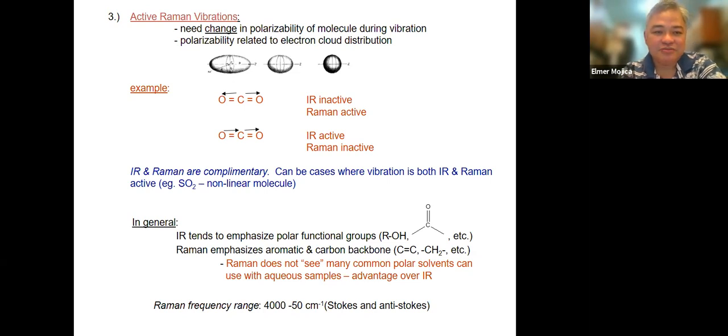And there's a lot of advantages in using Raman spectrometer and IR spectrometer, especially right now, if you have this so-called portable Raman. Okay, are you familiar with forensic science?